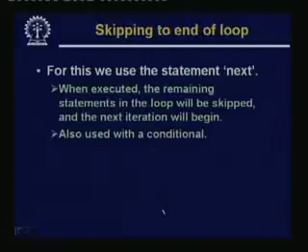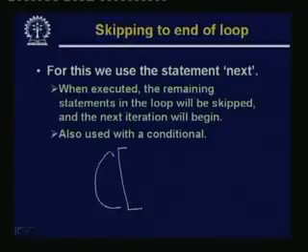Similarly, you may want to skip the body of a loop. For example, you have a loop, this loop is an iterative loop, and it will go on, say, 10 times. For each iteration you are making some check, and if some condition is true, then you want to skip the remaining statements in the loop and continue with the next iteration, not exit the loop. Okay.